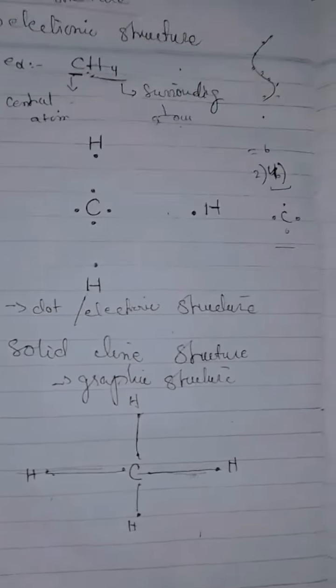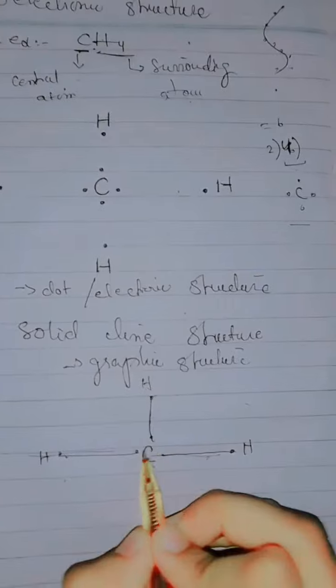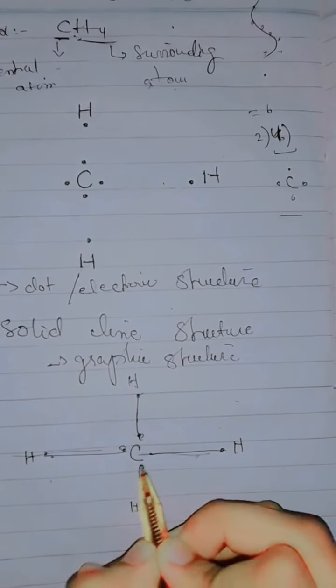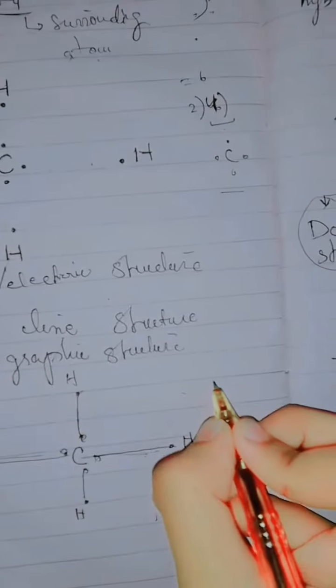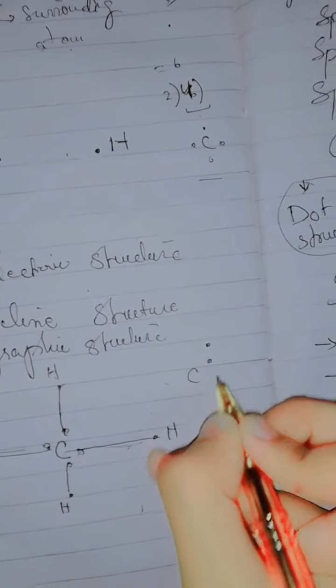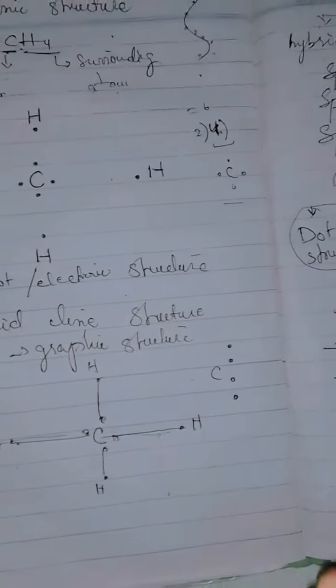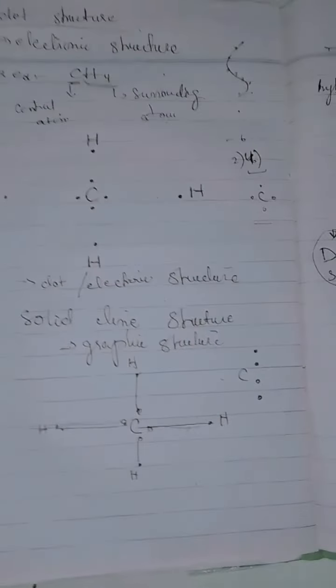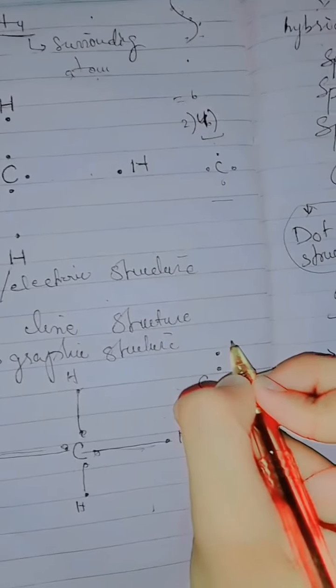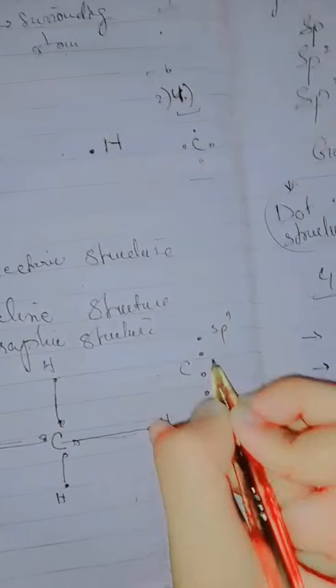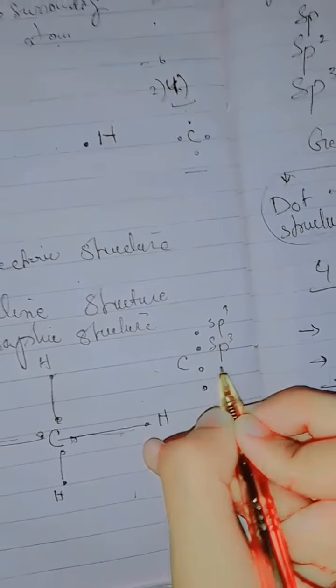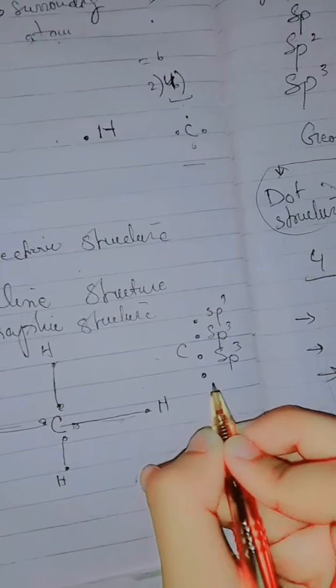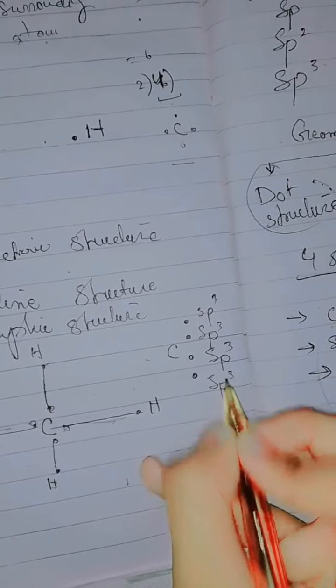Now for the hybrid orbitals, carbon basically has 4 electrons, and each electron will have sp3.